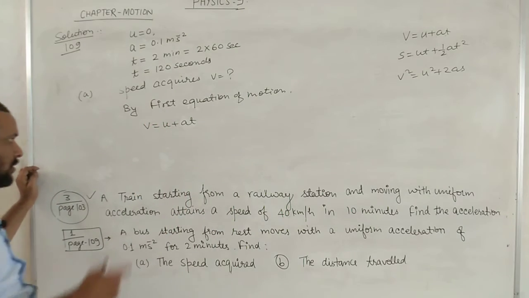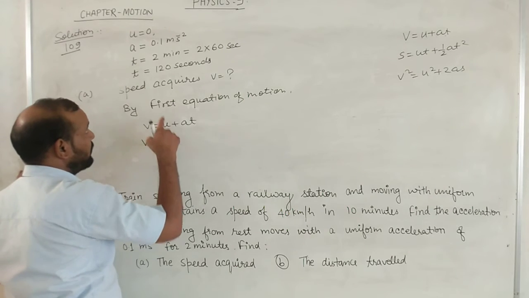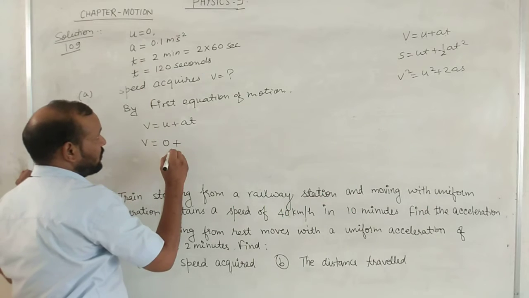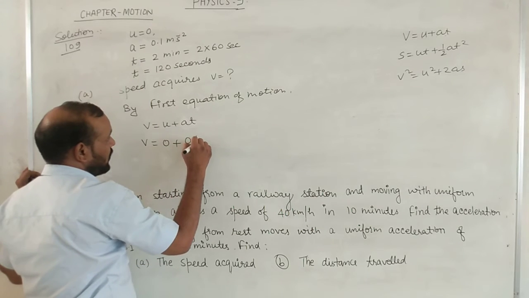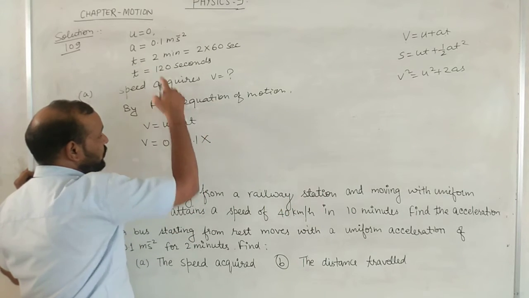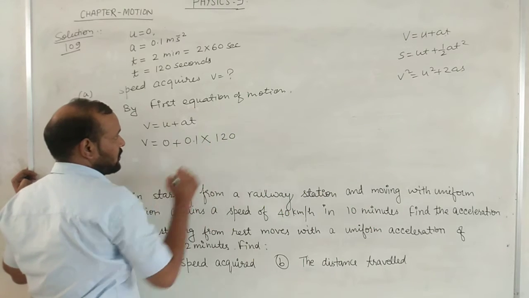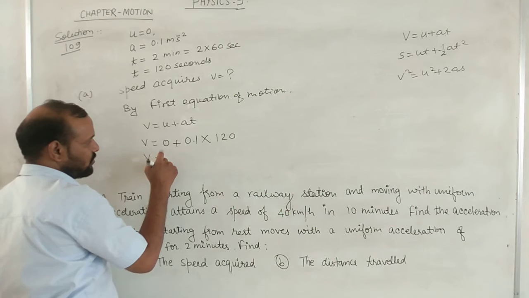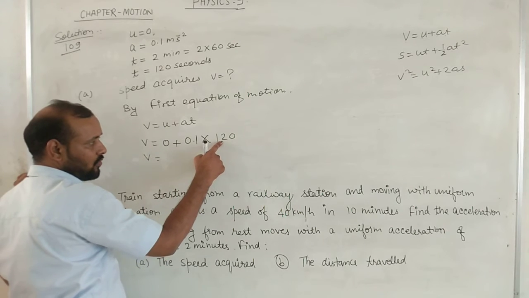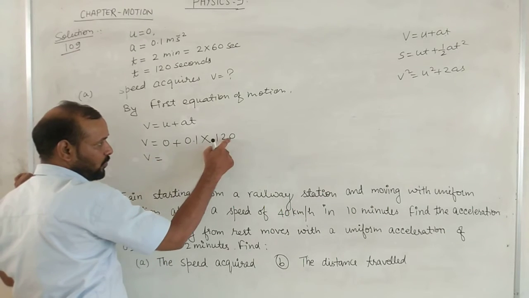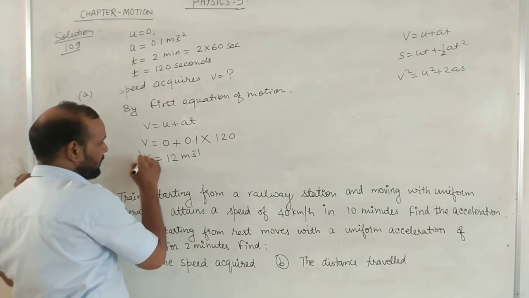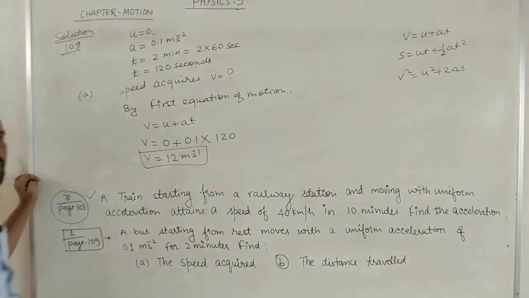Okay student, solve this. v is equal to u, the value of u is 0, plus acceleration is 0.1 and time t is equal to 120 seconds. Therefore, you can say v is equal to 0. Here multiply 12 1 12, the decimal will move and this 0 will go. This is 12 meter per second. This is the speed acquired.